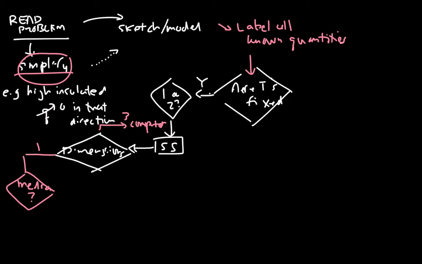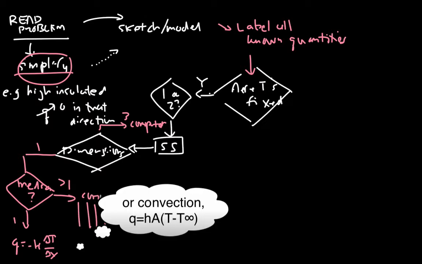If there's just 1, this is our classic situation: Q is negative k dT/dx, or delta T over delta x. If there's more than 1, then we have a composite. I'm just drawing a composite heat flow here, and then you're looking to simplify. Again, this is very important.